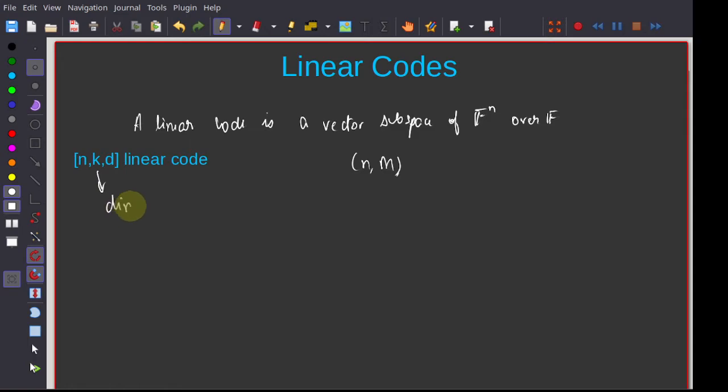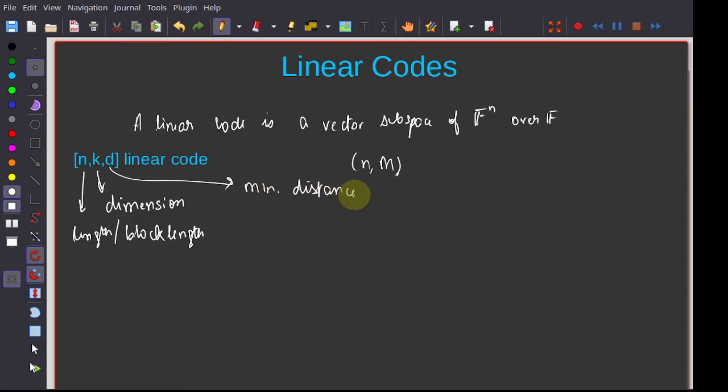This is the dimension, this is the block length, and this is the minimum distance. So these are three parameters that we will be interested in.